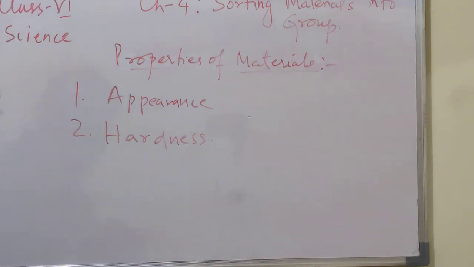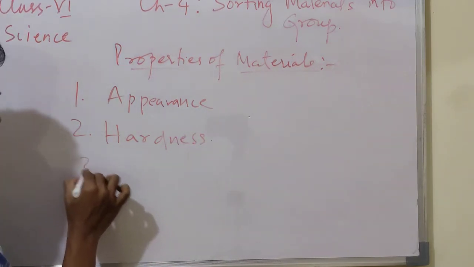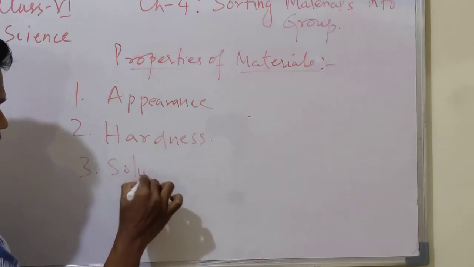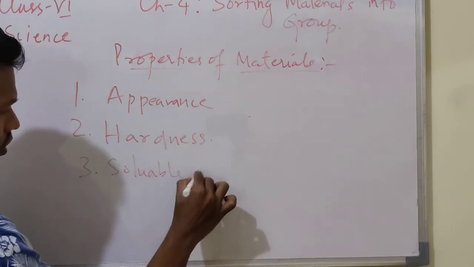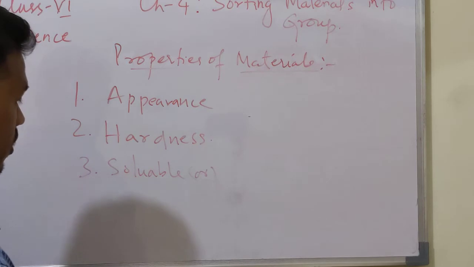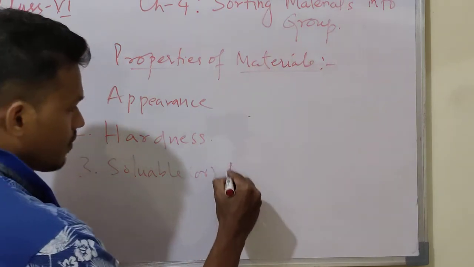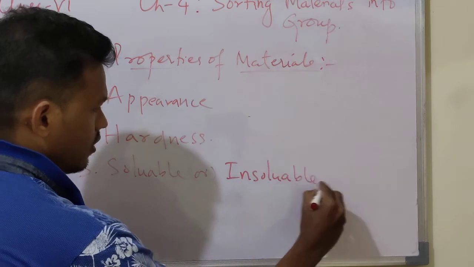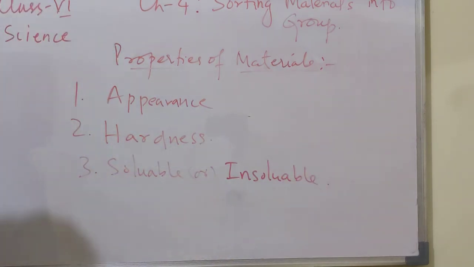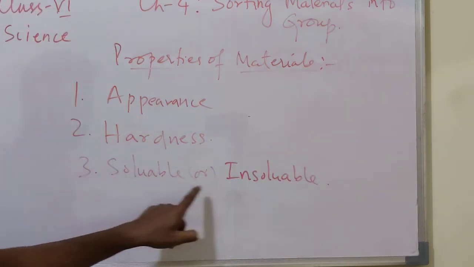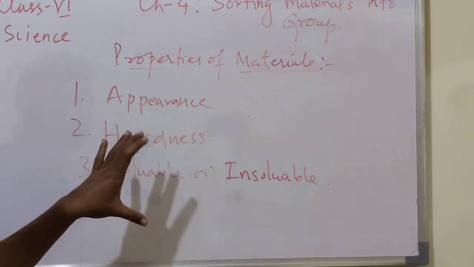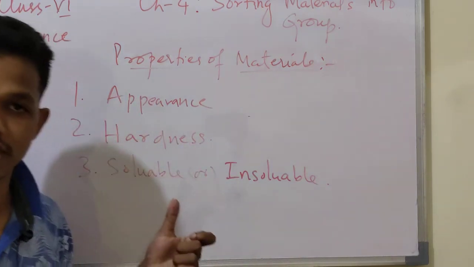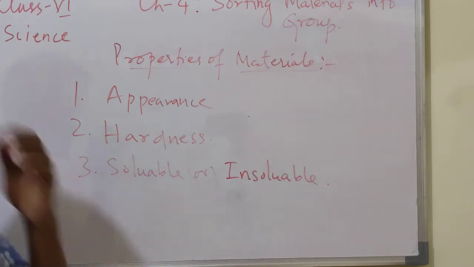Third one is soluble or insoluble. So first one is appearance, hardness, soluble or insoluble. These are the most primary important properties. There are many properties, so we'll discuss them later.